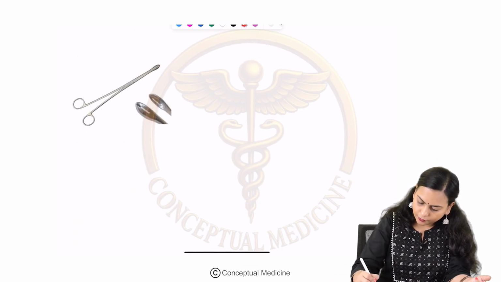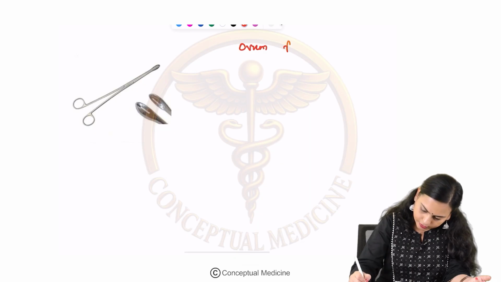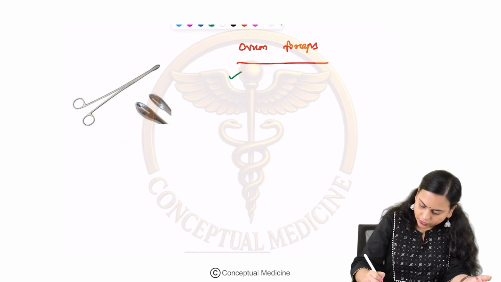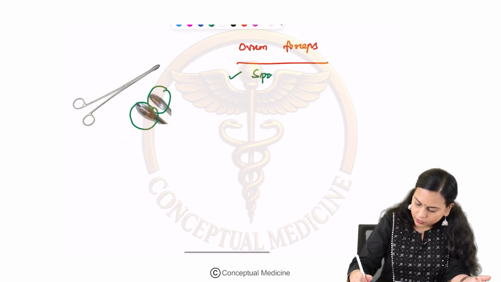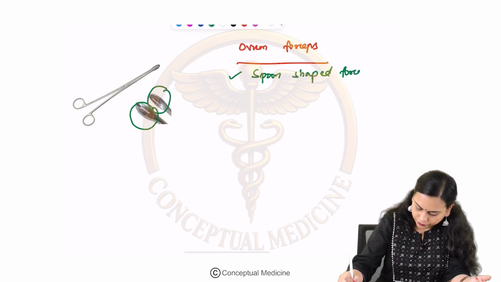And this one is the ovum forceps. If you see, the ends are spoon shaped, so it is a spoon shaped forceps.